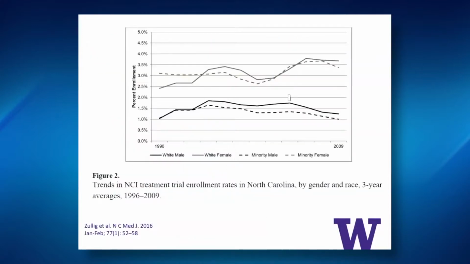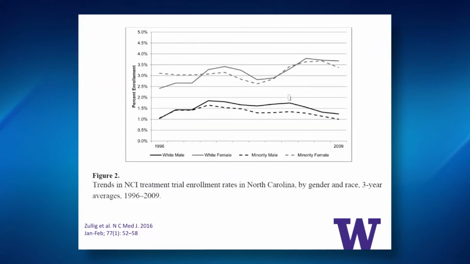Now, there have also been discussion about how do we define vulnerability, and you could look at vulnerability in many different ways. So here is another graph which comes from North Carolina, which plots the rate of the population participating in cancer clinical trials.